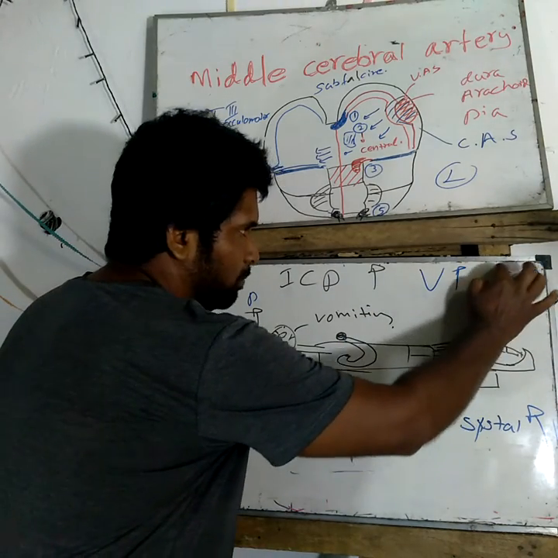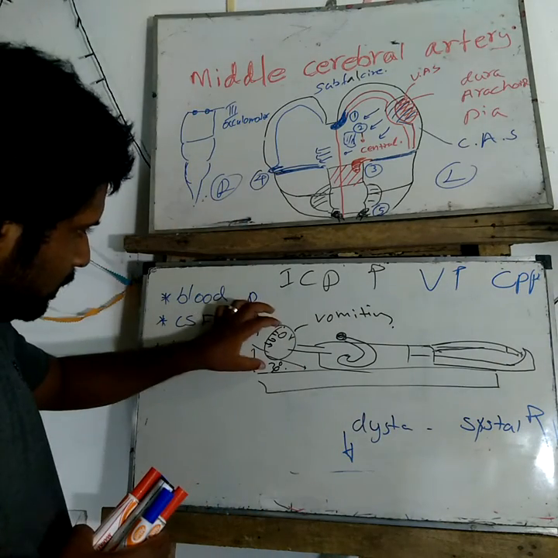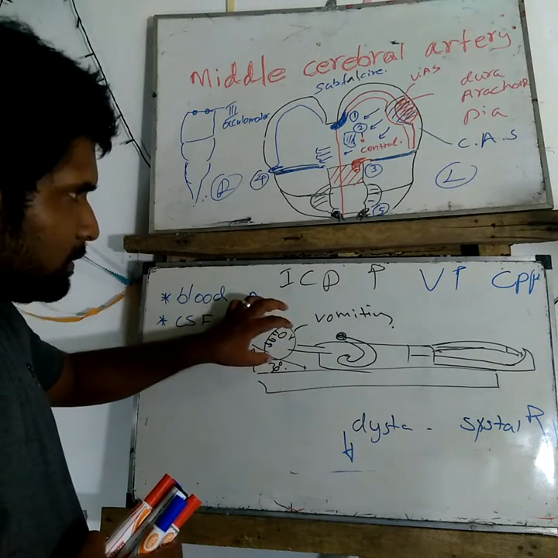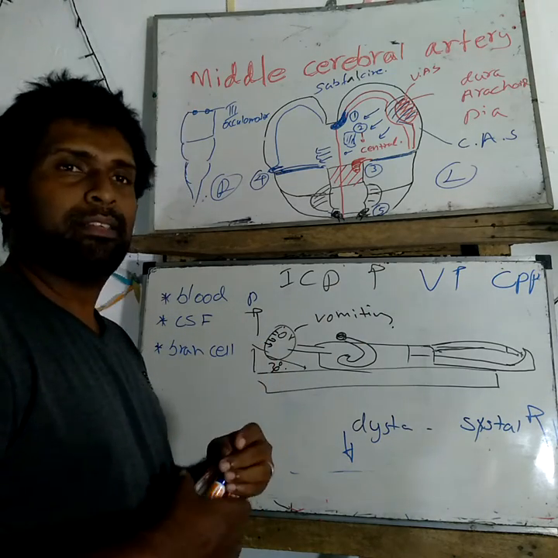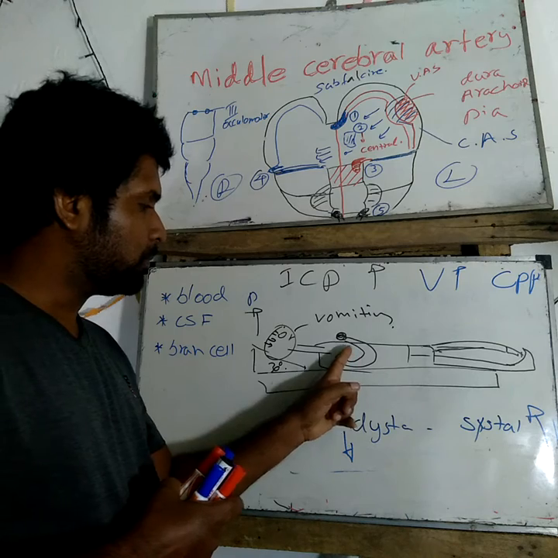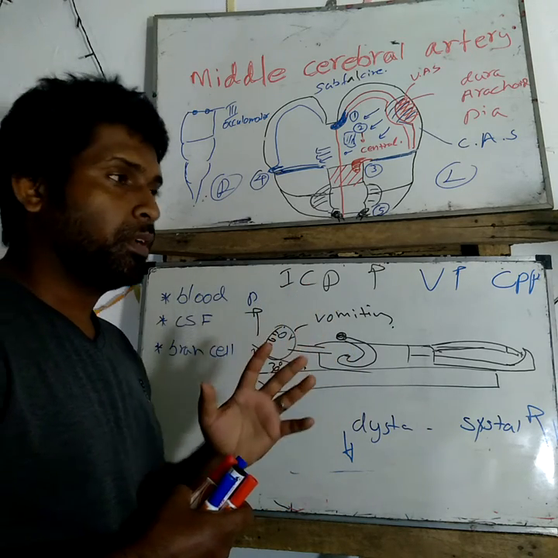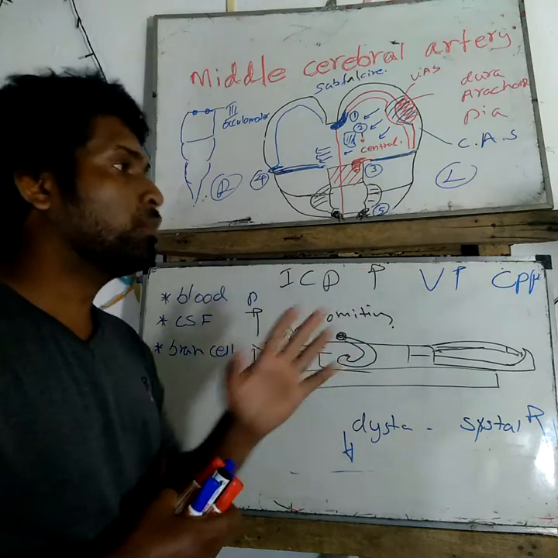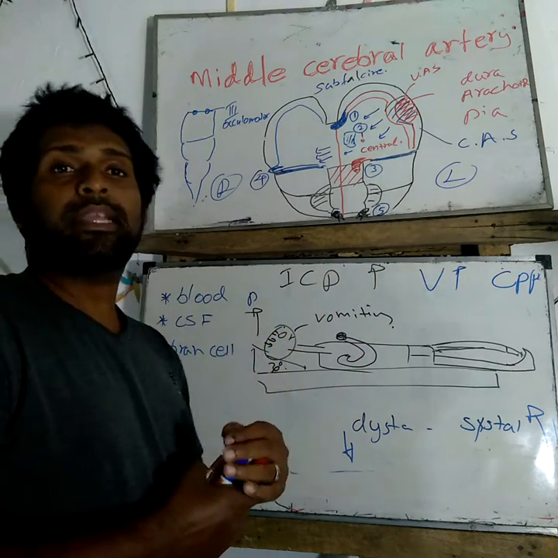Due to this, the brain cells try to take a lot of blood to the cells, and they give the signal to the heart to raise the stroke volume and give a lot of blood to the brain area.